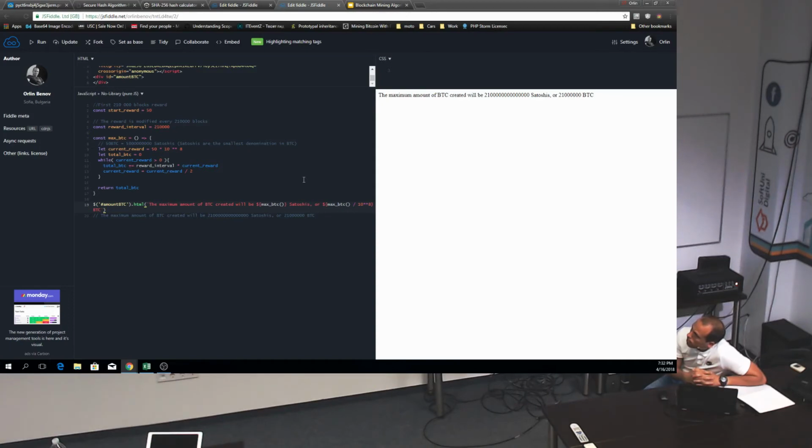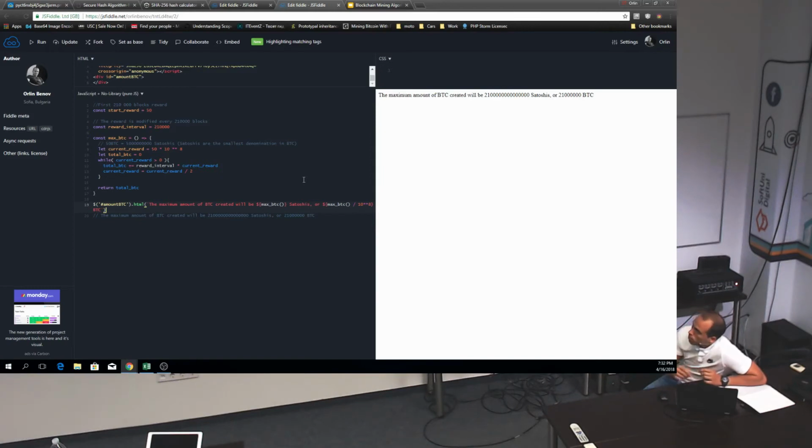As I said earlier, currently the reward for validating a block and adding it to the blockchain is 12.5 bitcoins. At the very beginning it was 50. So having all this information, every 210,000 blocks the amount is halved. At the very beginning it used to be 50. After the first 210,000 blocks we have an award of 25 bitcoins.